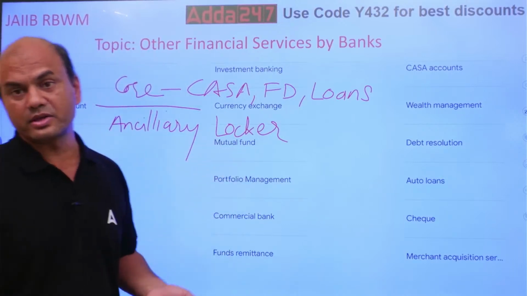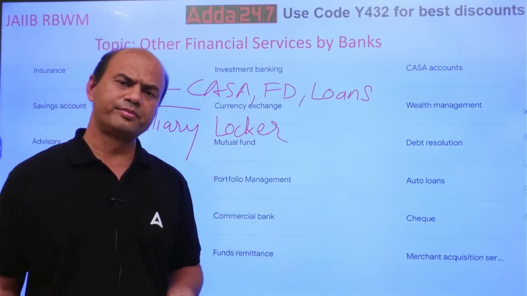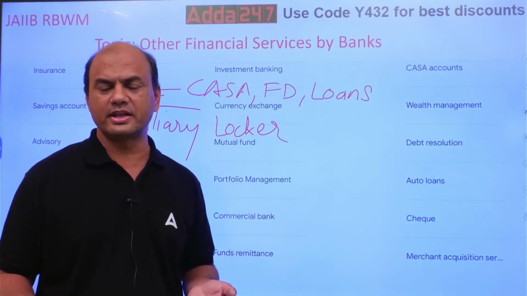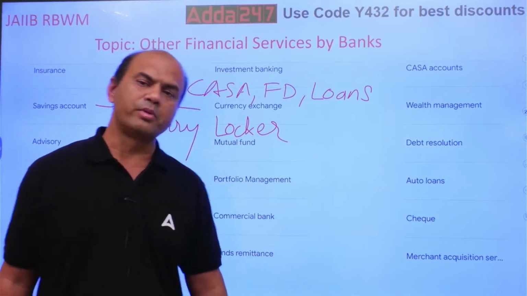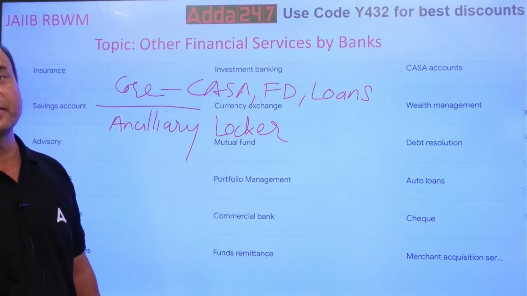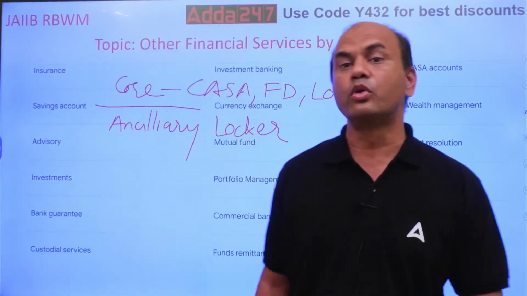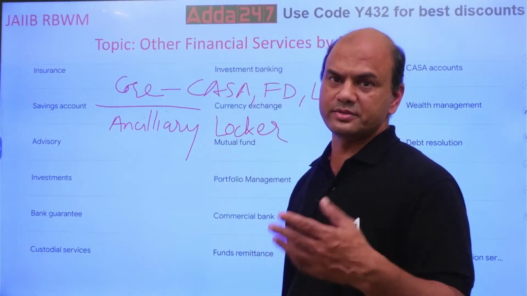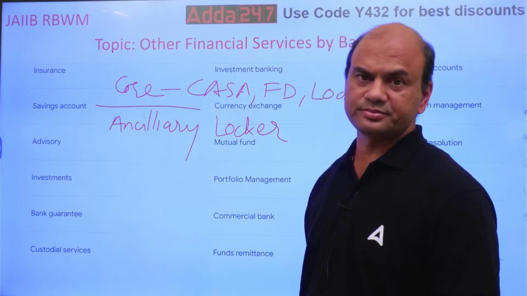Suppose tomorrow insurance services stop, will the bank be closed? No. If mutual fund sales are stopped, will it be closed? No. So you have to discriminate between core banking services and other services, which we call other financial services.